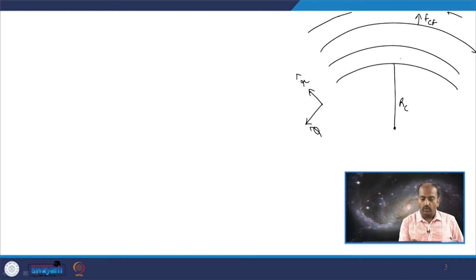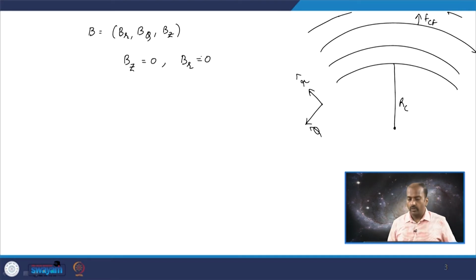So, the magnetic field can now be written in cylindrical coordinates, where the components are Br, B phi and Bz. Now, there is no component of magnetic field across the z direction, so Bz is 0. Br is also 0, which means there is no magnetic field in the direction of r. But the magnetic field B phi is not 0.